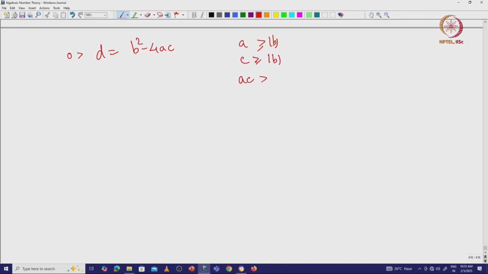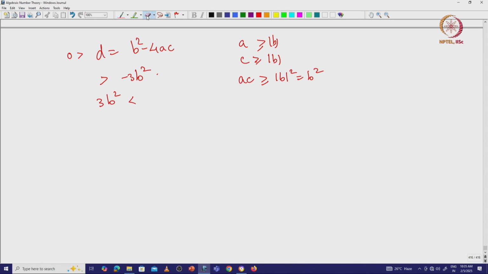So AC is bigger than or equal to mod B squared, which is same as B squared. So, instead of subtracting AC, if you subtract a smaller quantity, you get minus 3B squared.